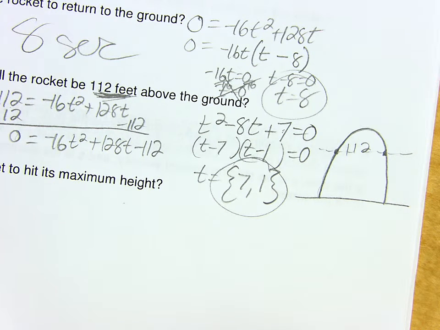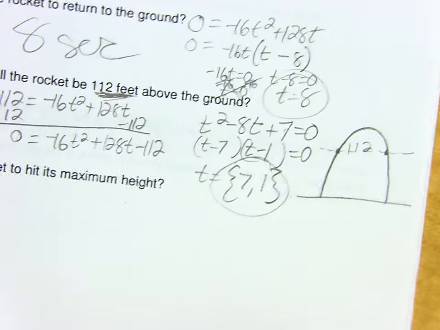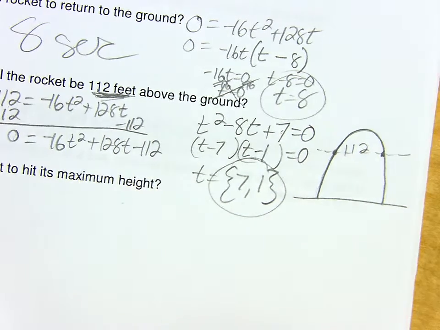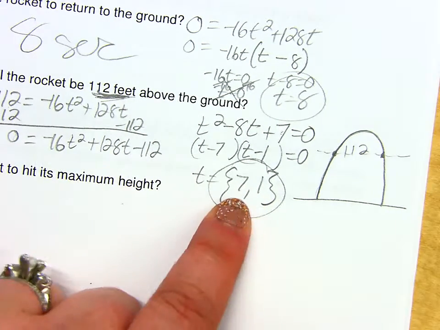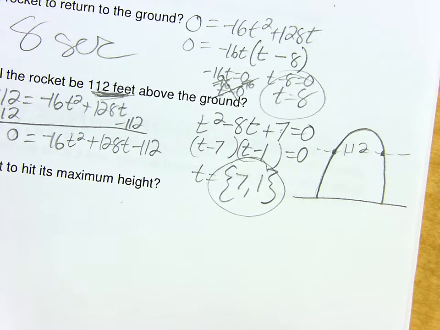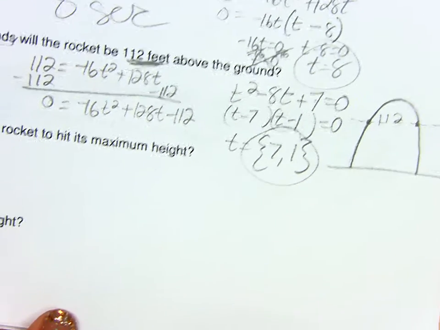You have the old couple reading the newspaper in their apartment building, and something flies upwards out the window. And then they look. They don't see anything, and they go back to the paper. And then the thing comes back down, doesn't it? So there will be 2 times that it passes any given height. So if that's 112, it happens twice. Once at 1 second, once again at 7 seconds.